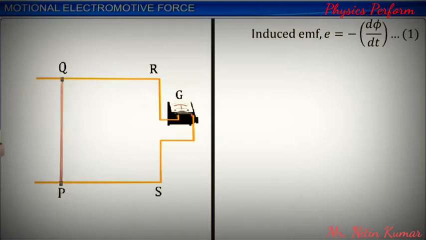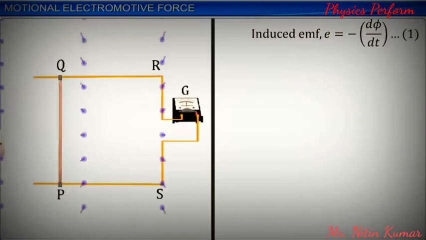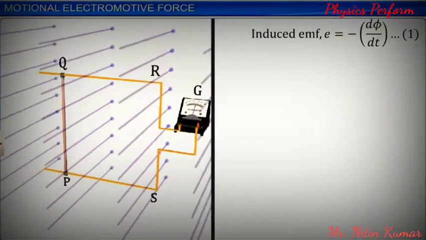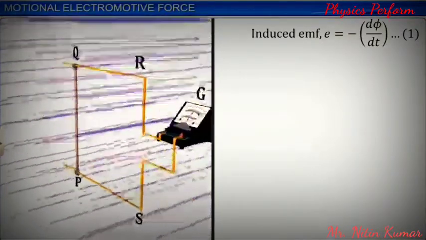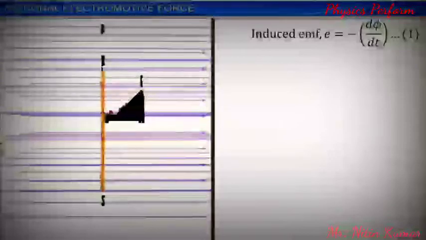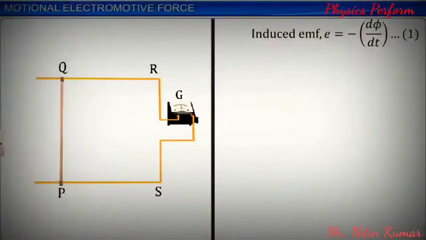Let us now place PQRS in a uniform magnetic field such that its plane is perpendicular to the magnetic field. For a time-independent magnetic field, the magnetic induction B remains constant both in magnitude as well as direction.